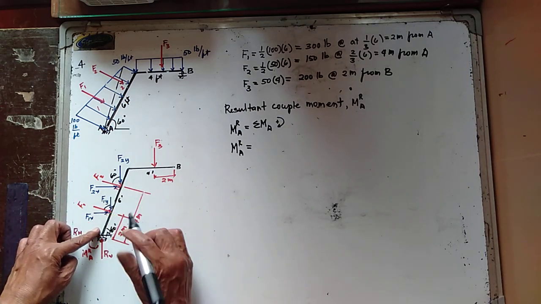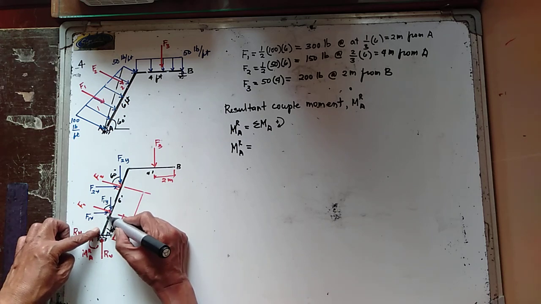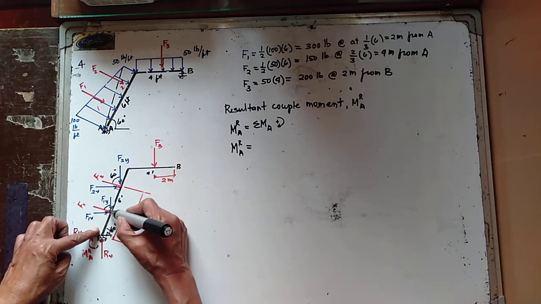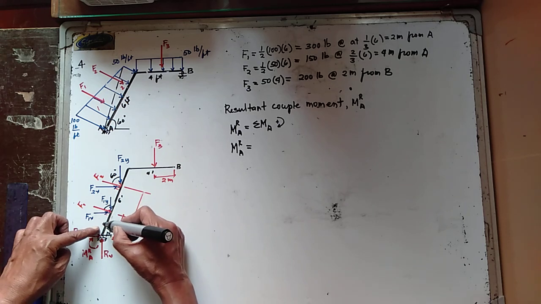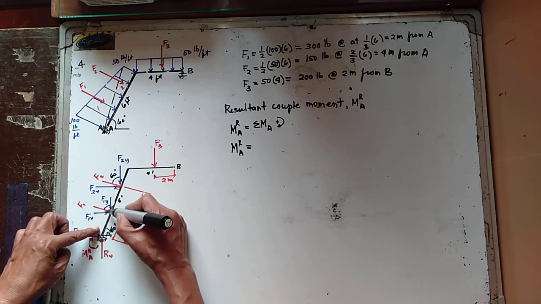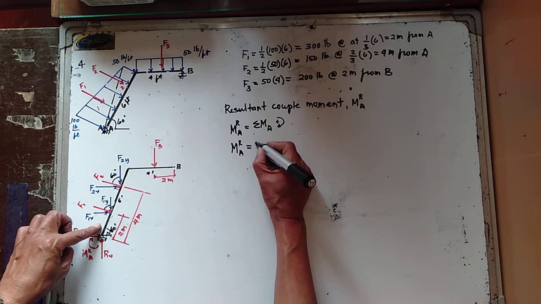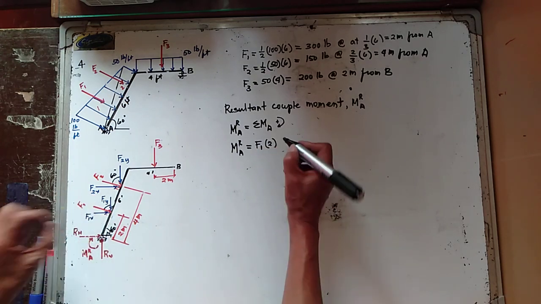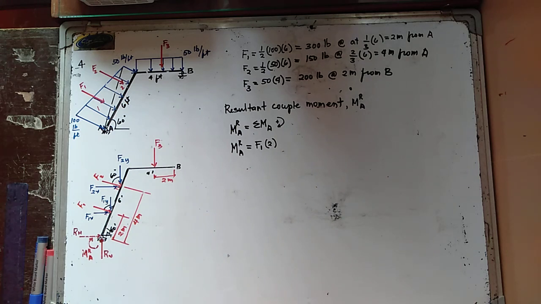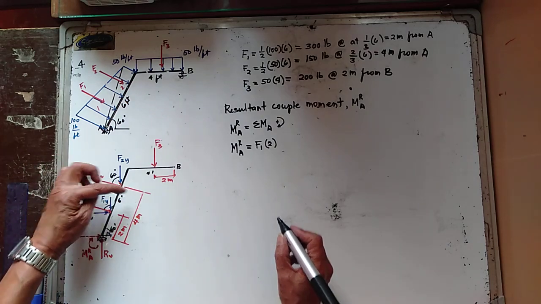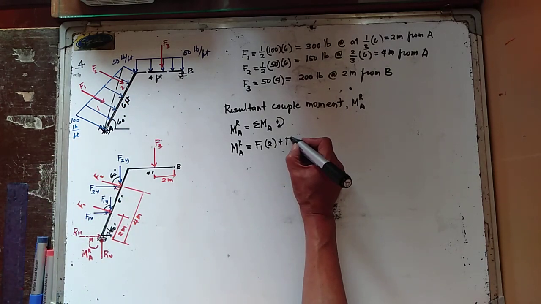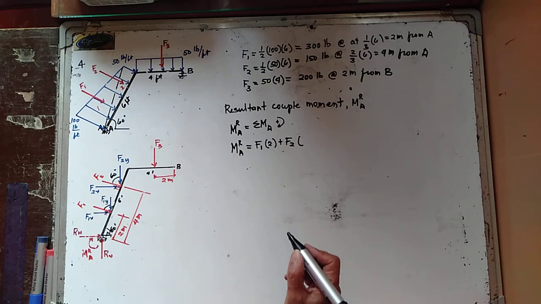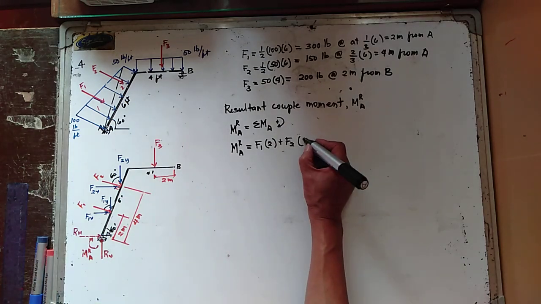And then F1 is perpendicular to this member, and therefore this is the perpendicular distance from the moment center to the line of action of the force. So F1 multiplied by 2 meters. Next is plus F2 multiplied by 4 meters.